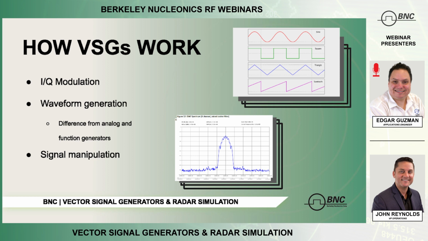And so one of the big differences between the analog and the digital generator is that with an analog, you're able to manipulate the amplitudes of your signals, but with a digital VSG, you're able to manipulate not only the amplitude, you're also able to manipulate the phase of your signal. So you're able to change two different characteristics of your signal as opposed to one.